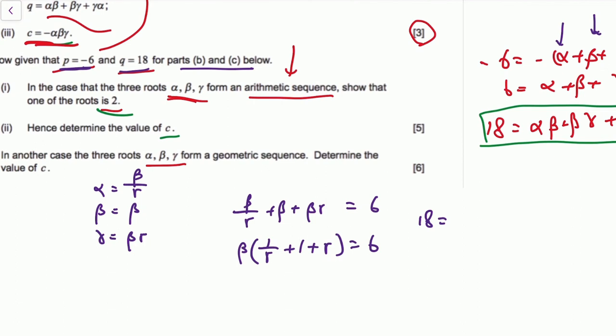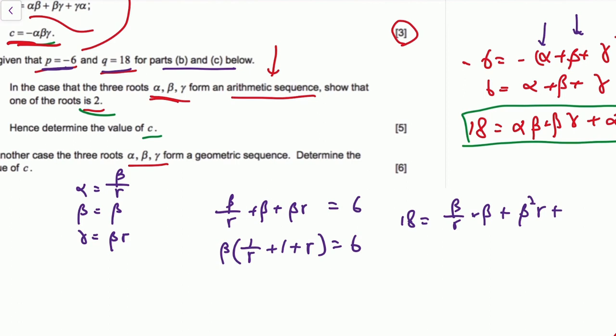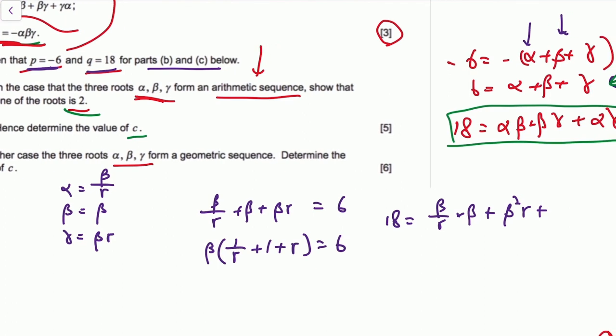So alpha beta plus beta gamma plus gamma alpha, so that's beta squared because the over L and L cancel out. This time a common factor would be beta squared, so we have 1 over L plus 1 plus L. The key is seeing that this and this are the same.